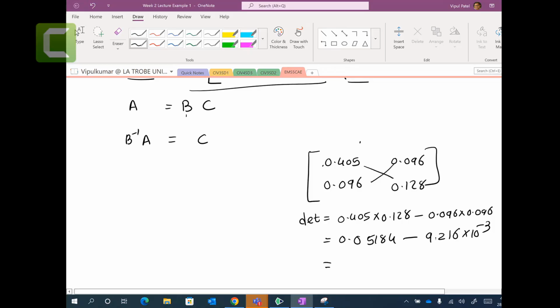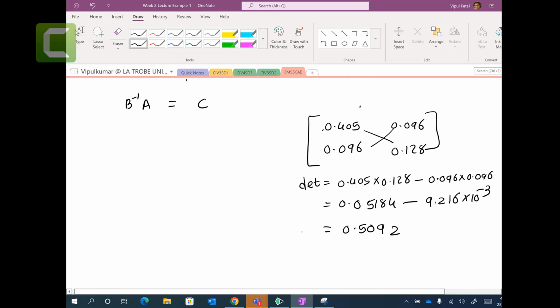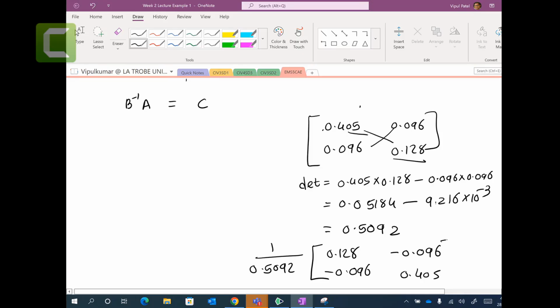So 0.05184, take away the answer, you get 0.5092. That is your determinant. Now, if I want to find the inverse of this matrix, the determinant 0.5092, we swap these numbers, and we put the minus sign in front of these others. We don't change them, but we just put the minus sign in front of them, right?